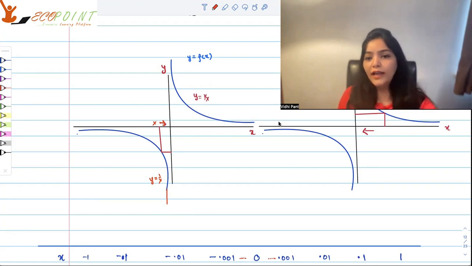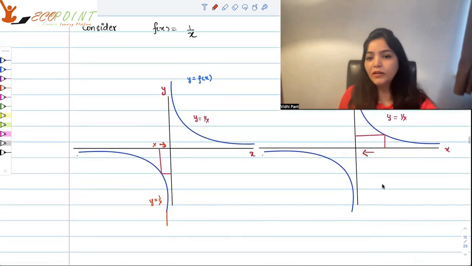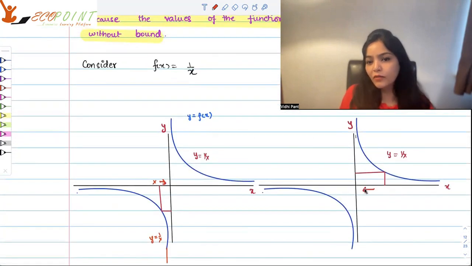And on the other hand, if we see from the right side, this is x equals 0. Very close to x from the left means there will be a negative number here, and very close to x from the positive side means here it will be a positive number.